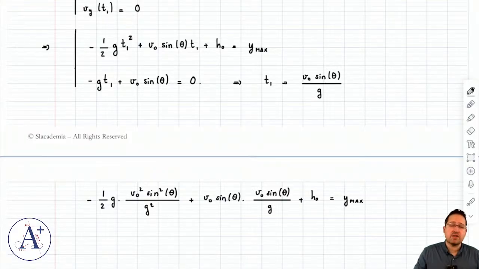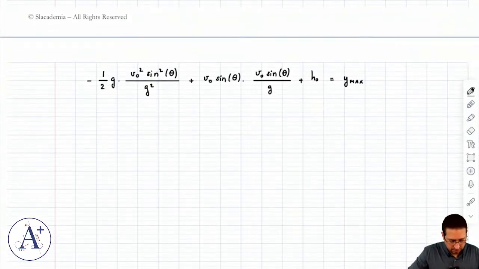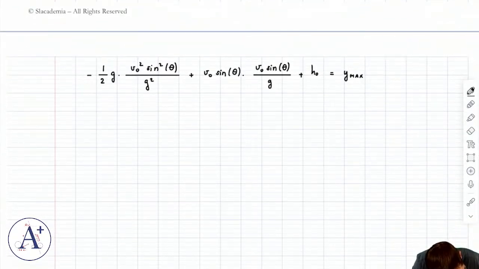And it turns out I know everything but V0 in here. In fact, I even know that the first 2 terms are going to simplify and leave me with V0 squared sine squared theta over 2G.